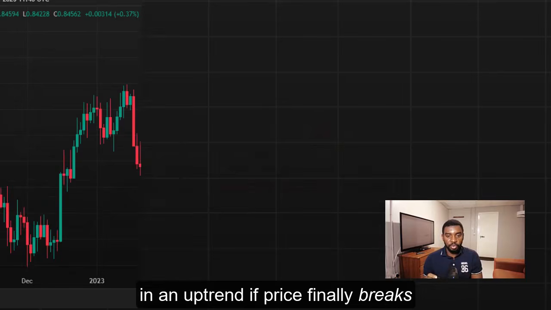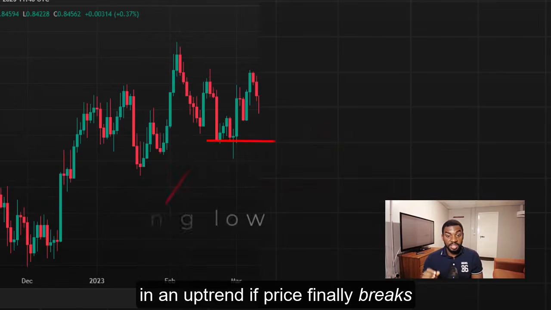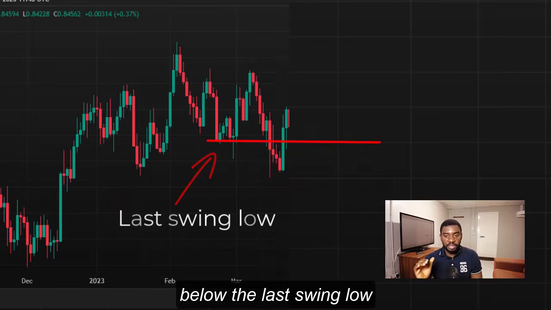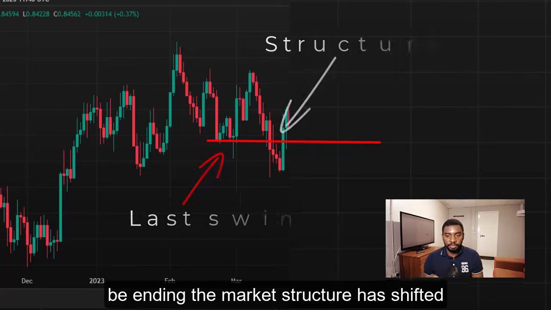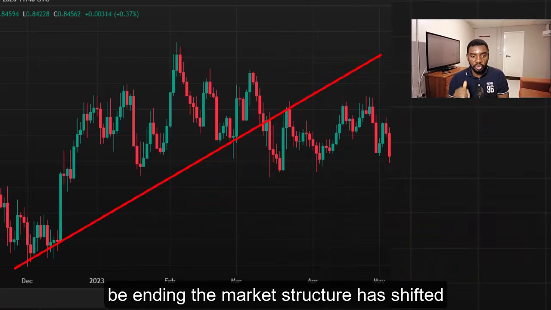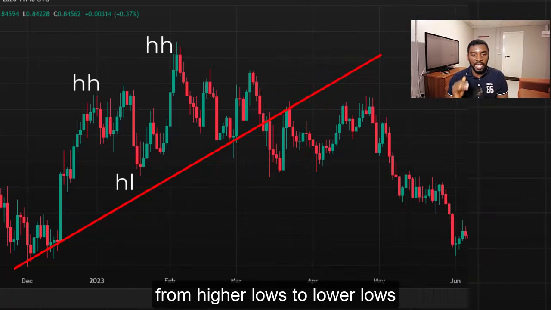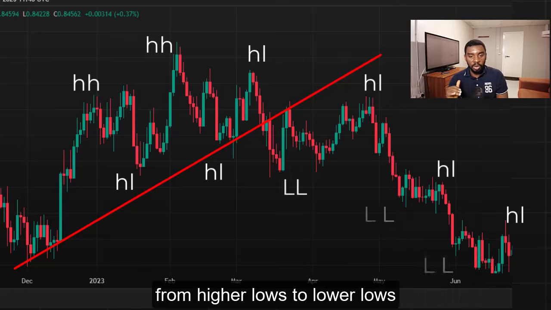For example, in an uptrend, if price finally breaks below the last swing low, that's often the first clue the uptrend might be ending. The market structure has shifted from higher lows to lower lows.